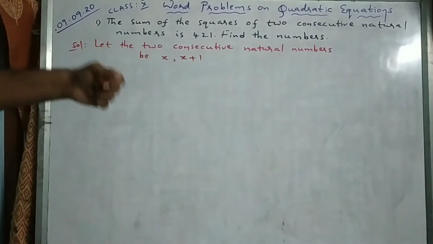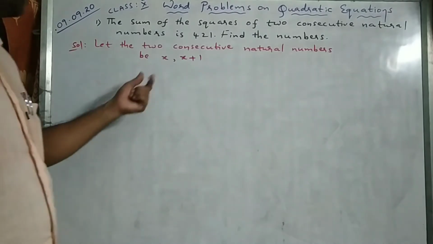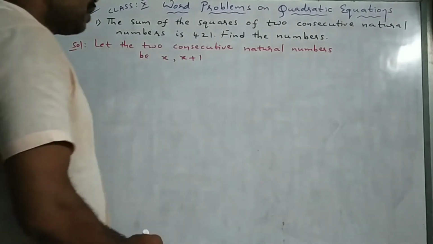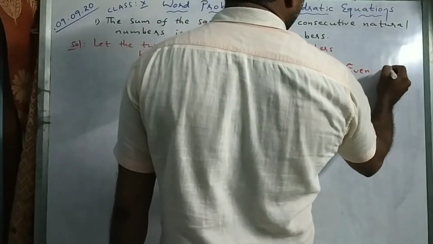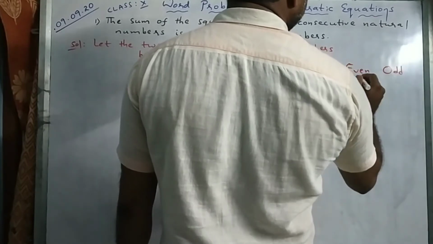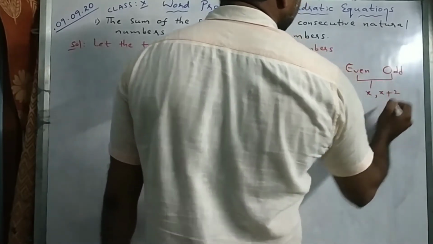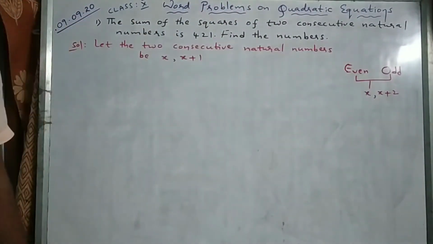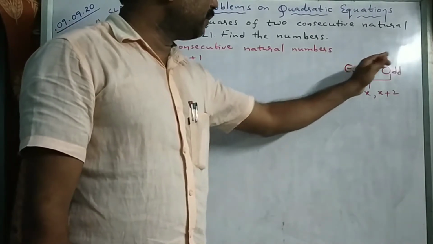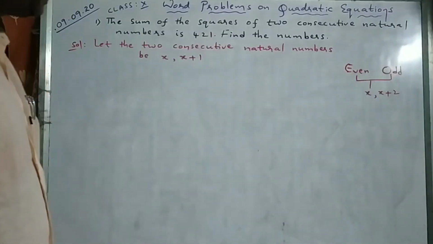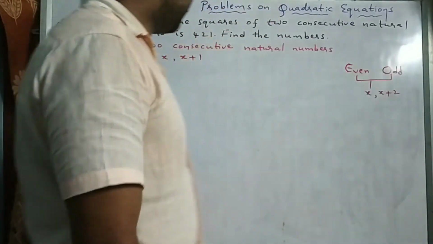Consecutive natural numbers will be x comma x plus 1. When we get problems of two consecutive even natural numbers or two consecutive odd natural numbers, we will be taking x comma x plus 2.